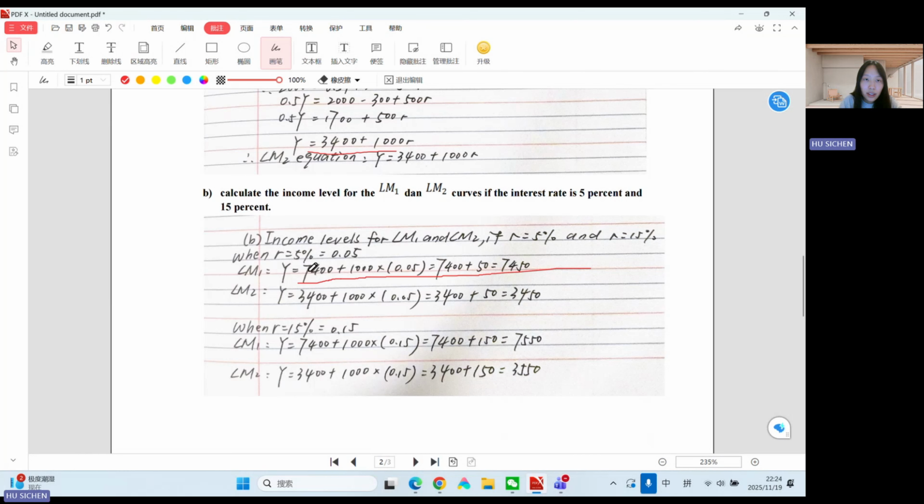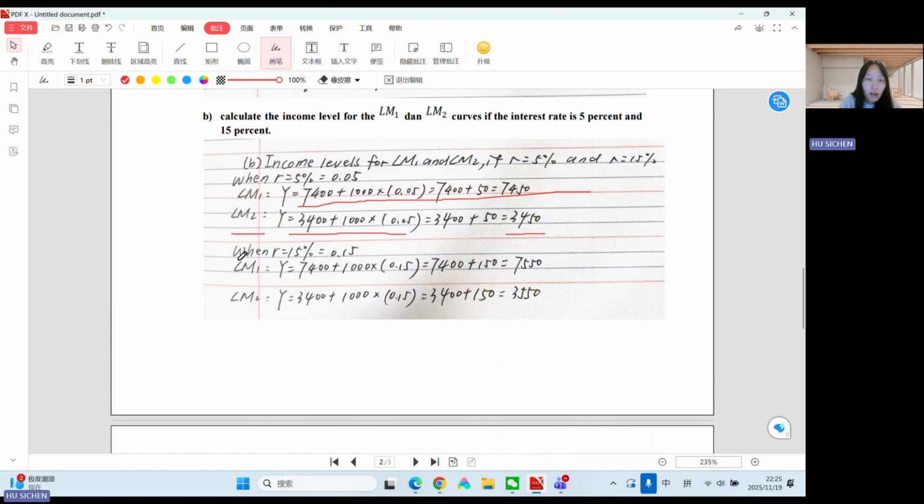Substituting the interest rate into LM2, the final answer is 3,450.